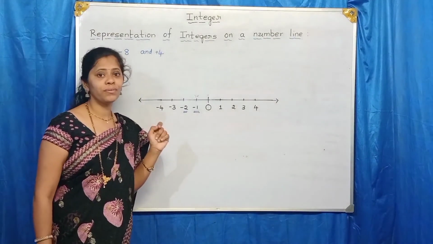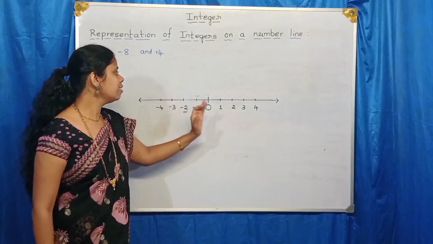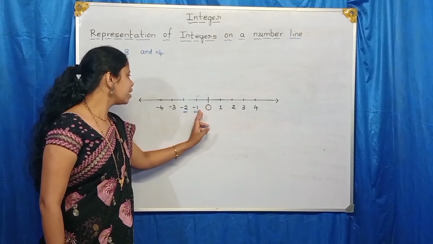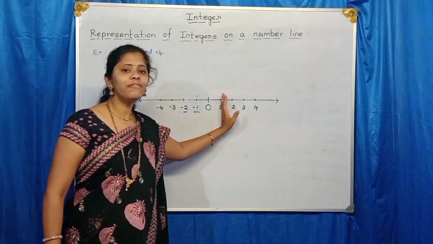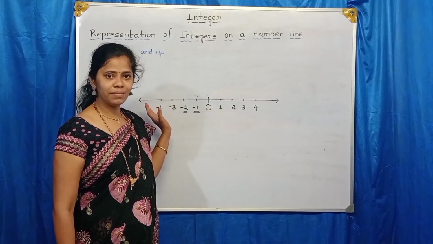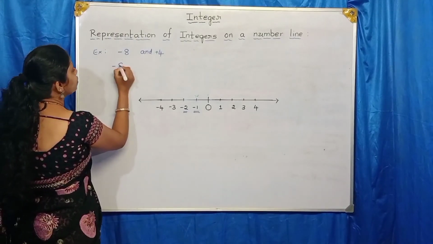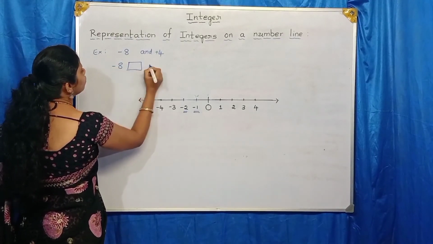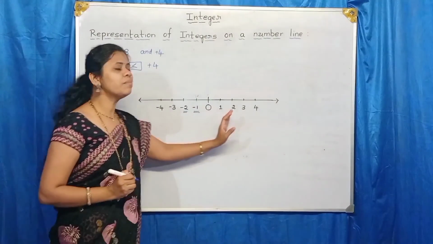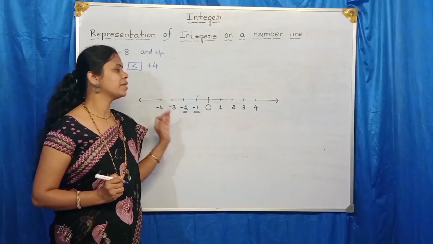But I told you, all the negative numbers are lesser than positive numbers, because all the negative numbers are on the left side of the positive numbers, isn't it? Therefore, here our answer is plus 4 is greater. All the positive numbers are greater than negative numbers.